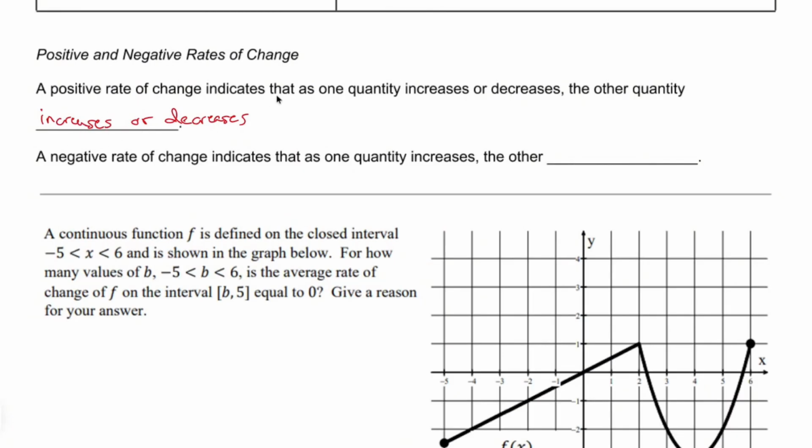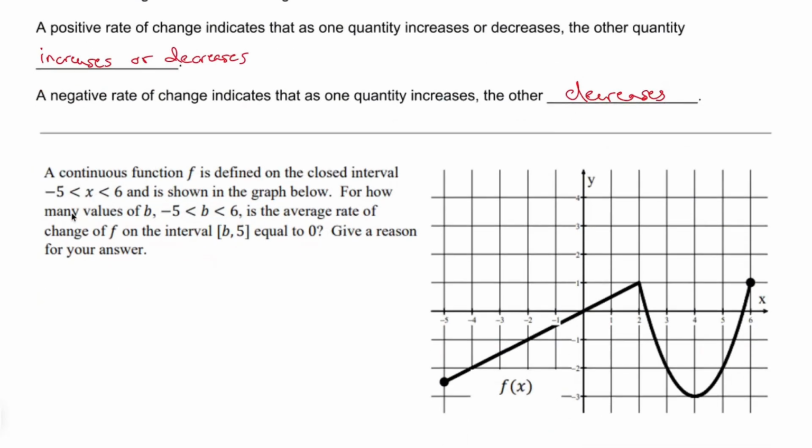As one quantity decreases, the other quantity decreases, in that order. A negative rate of change indicates that as one quantity increases, the other quantity decreases. That is a negative rate of change. Okay? Not negative average rate of change. Rate of change is a fancy word for slope. There's a huge difference between the two.